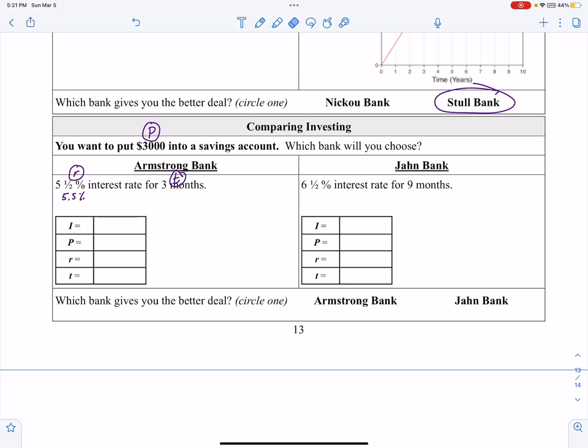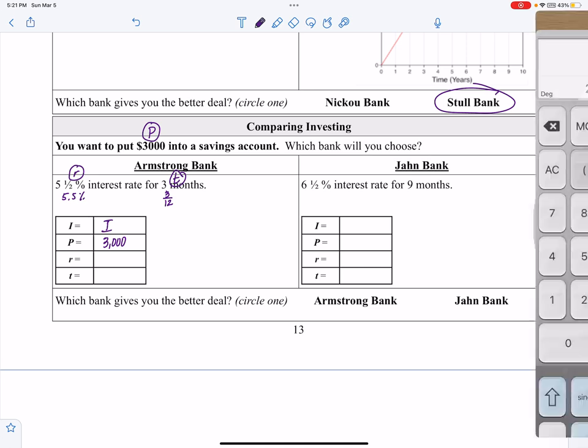Okay. So I don't know how much interest I'm going to get. So this is my variable still. My principal, the original amount that I put in, is $3,000. My time is 3 months, but we know that I can't represent that in months. I have to use years.